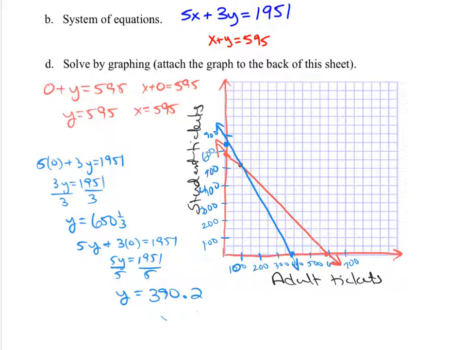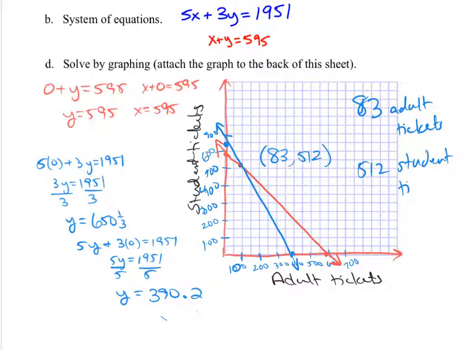And you still want to show that intersection. You know what the intersection is, so you can go ahead and mark it as such. And then you want to give the answer. It's 83 adult tickets and 512 student tickets.